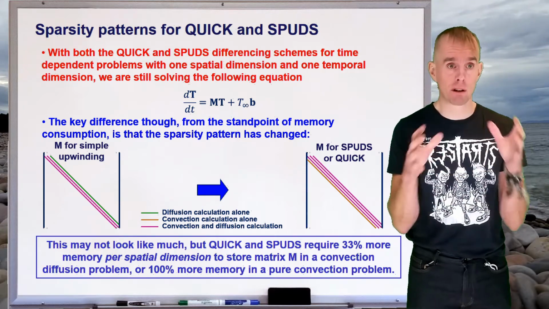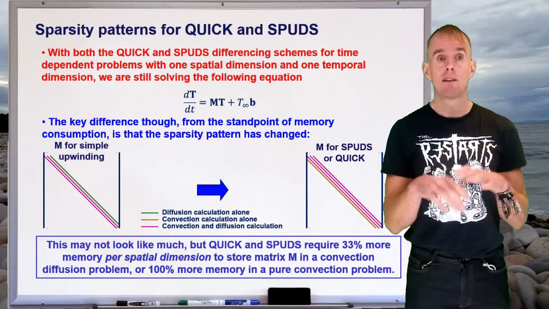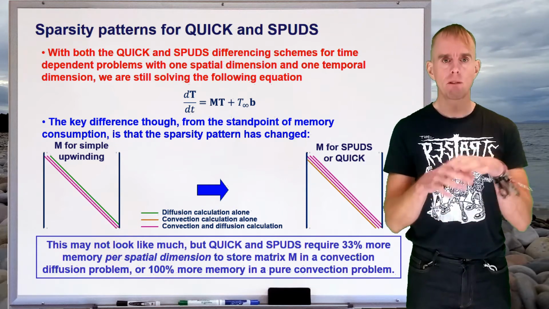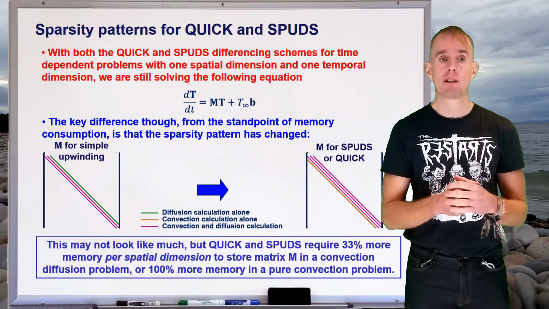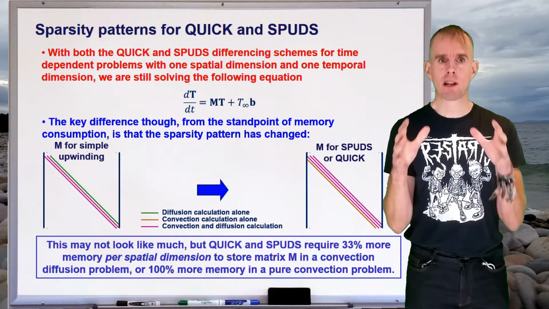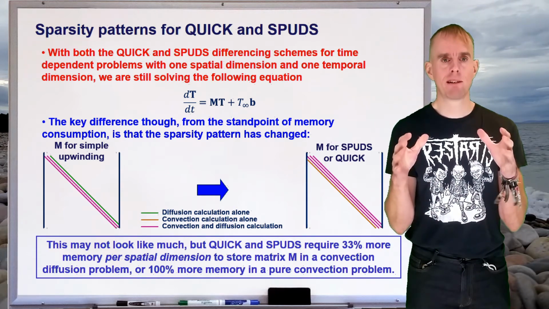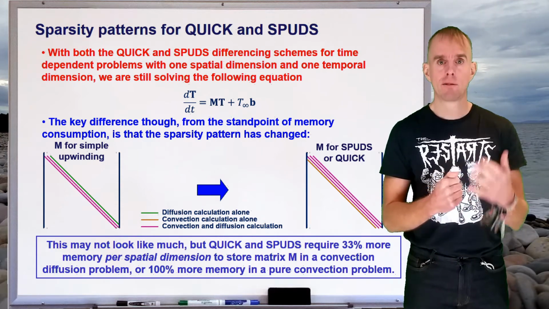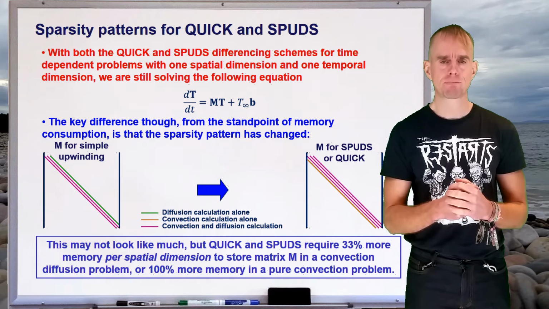And if we've got a nice banded matrix such as this, then all the matrix will be stored in memory for that direct inversion. For the indirect methods, you will still need to store an approximation to that matrix in memory, which means that you'll still need more memory in which to store it per spatial dimension for these higher order discretization schemes.